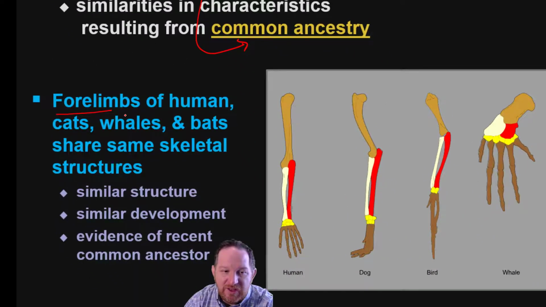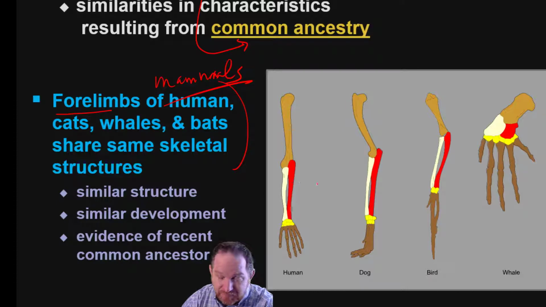If you look at the forelimbs of humans, cats, whales, and bats, they actually share a similar structure. Now you may say, wait a minute, these things aren't related. But they are, right? Humans, cats, whales, bats, all mammals. We all share a common ancestor. And if you look here, we've got similar structure, similar development, showing a common ancestor.